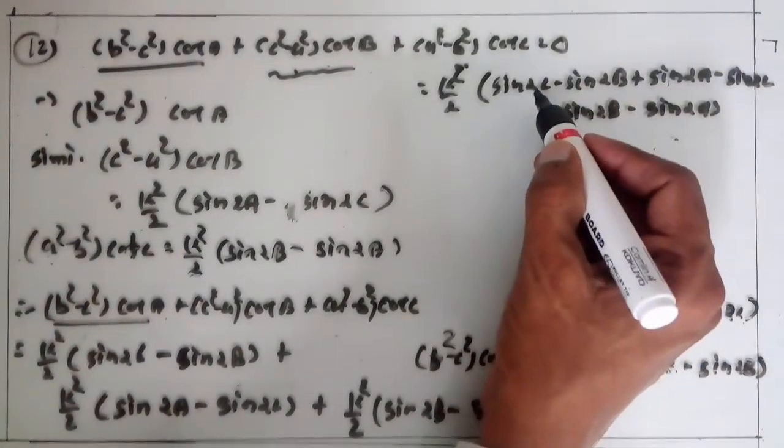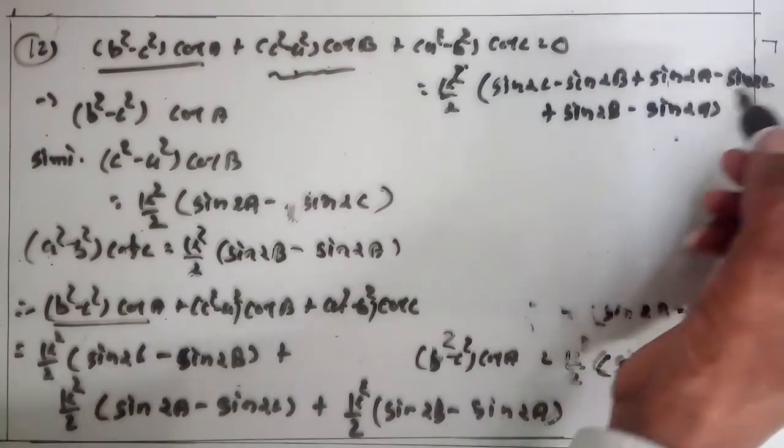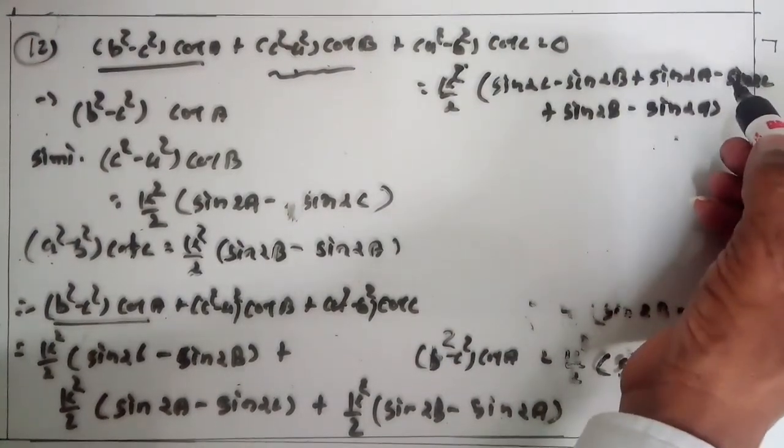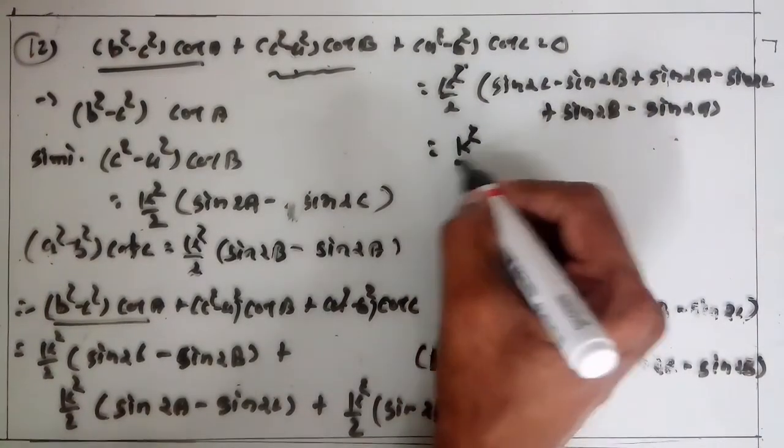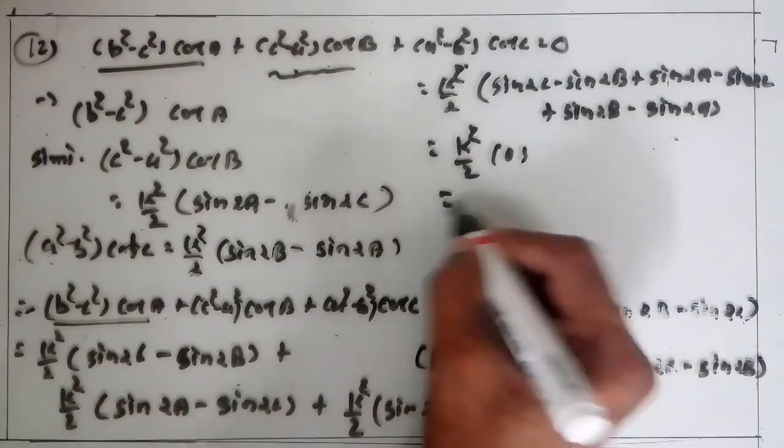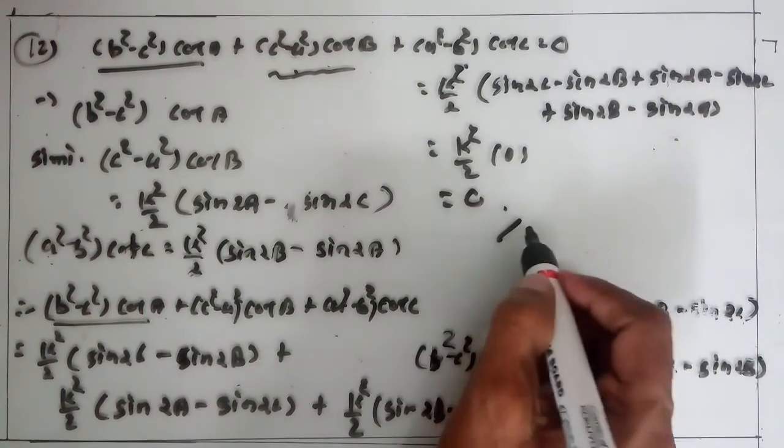So yeah, sin 2C plus minus cancel, these two terms cancel, these two terms cancel, so k²/2 into 0 becomes 0. Hence proved. Clear?